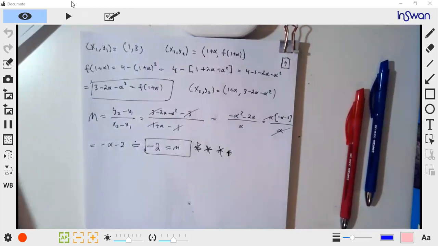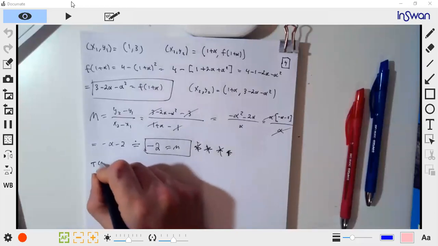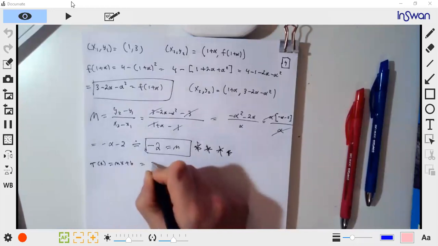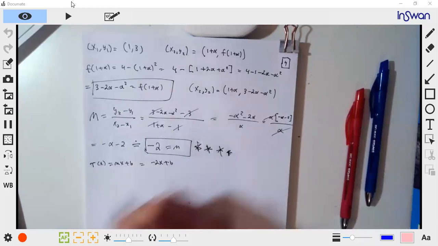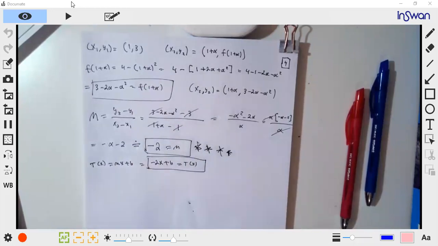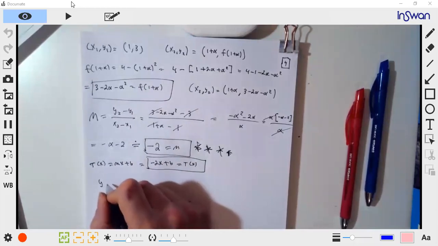So moving on, we can actually find the tangent line t of x is equal to mx plus b. Notice that we know m, that's equal to -2. But just putting it into slope-intercept form doesn't give us the equation for the tangent line. We can use a point slope.